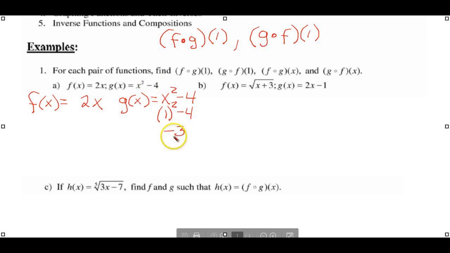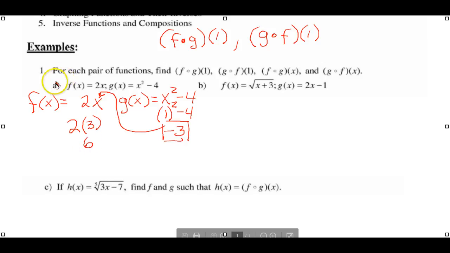We're now going to take this negative 3 and put it in our F function to replace the X. So this gives us then 2 times negative 3, which is going to be negative 6.